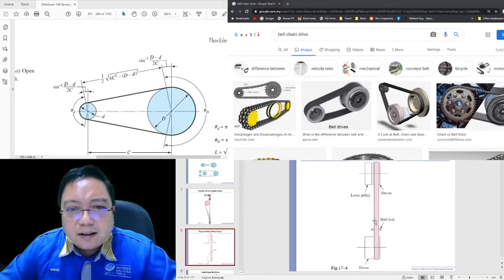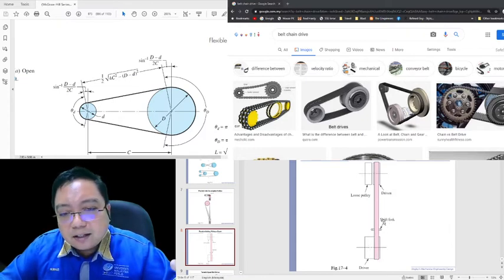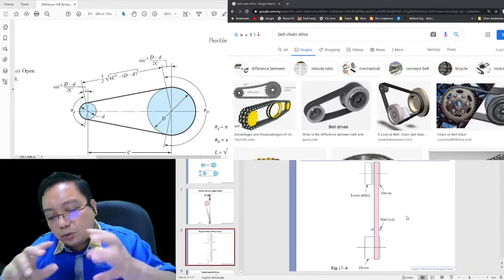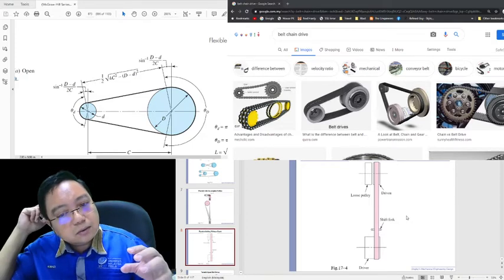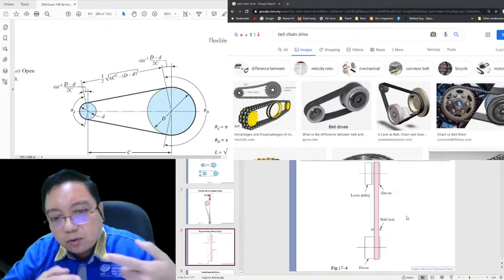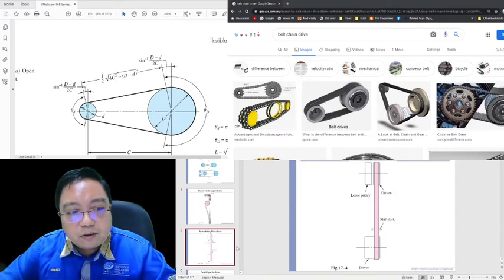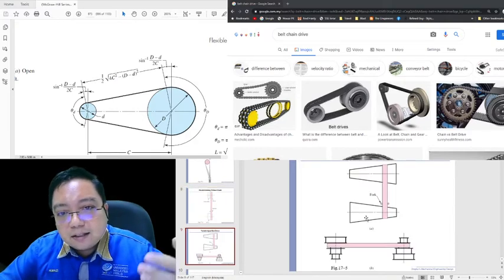And then flat belt shifting without clutch. This is the loose pulley, this is the belt, this is the shift fork, and this is the driver. Driver means the motor is attached to the mechanism and it moves, and then the driven one will follow suit. And then this is the variable speed belt drive.